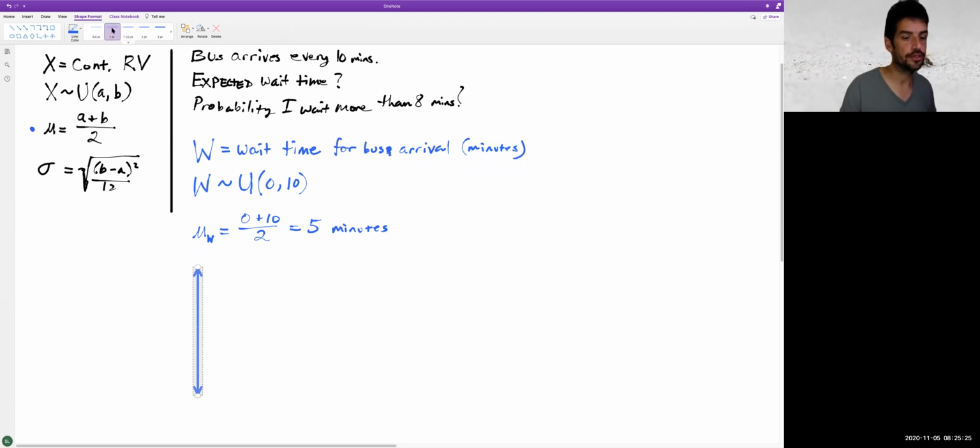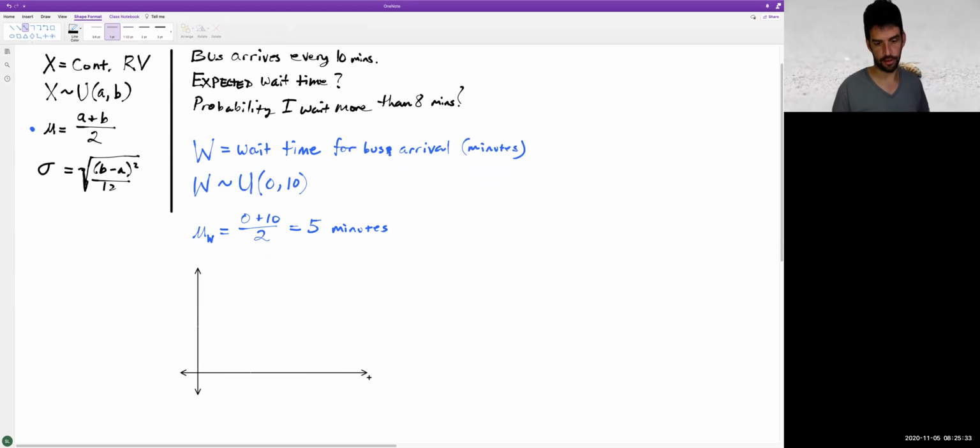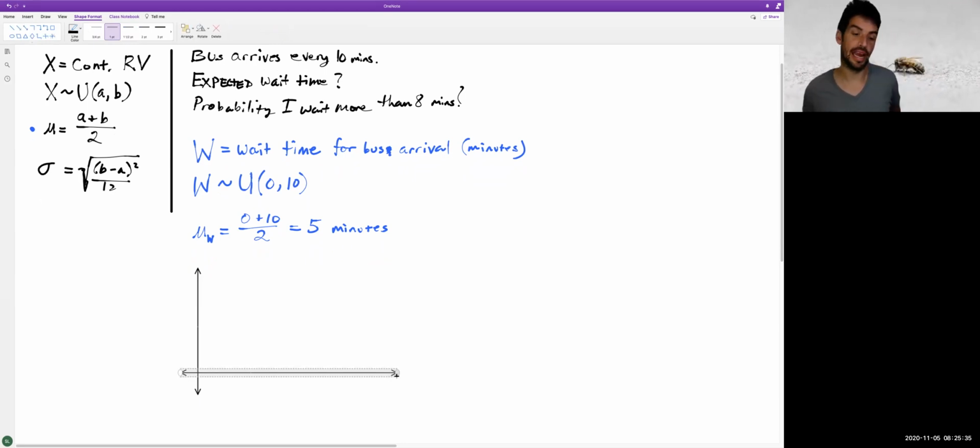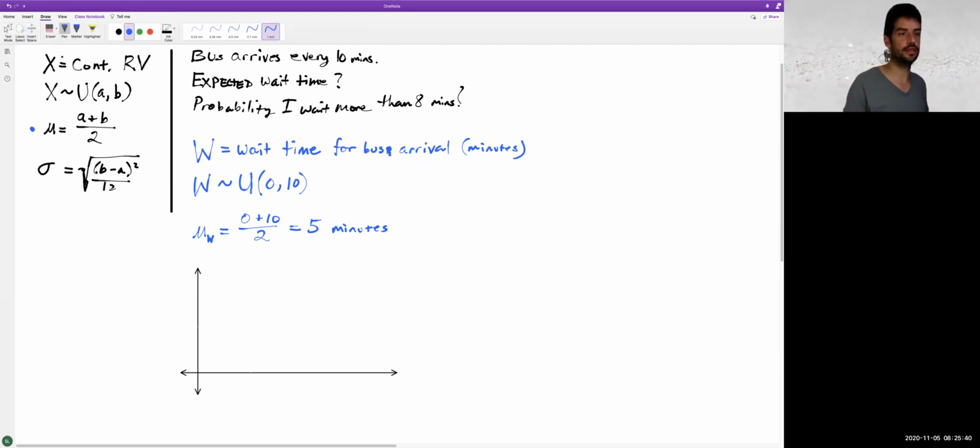Here's my axes, and along the horizontal axis is going to be the wait times.